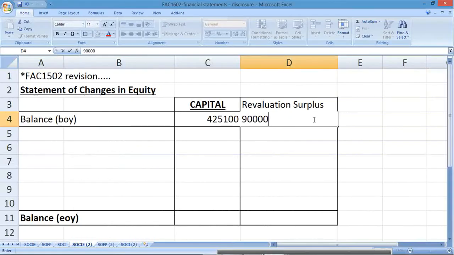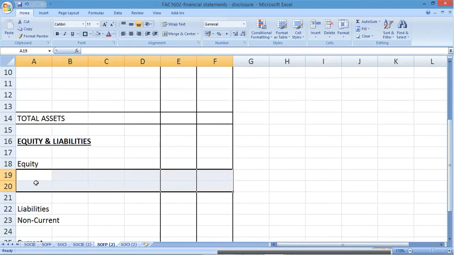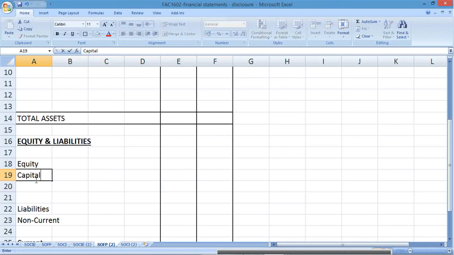Yeah, it was 90. I would have to remember to include that here because I would have capital and a revaluation surplus. That might have been something a little bit new or different, but just to recap and revise in terms of the actual disclosure, how we present information. Perfect.